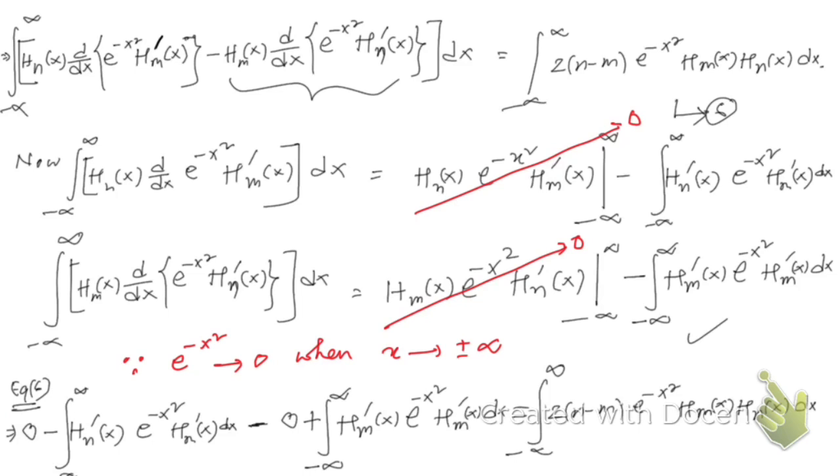Now here you see these two terms are exactly the same. Actually, I made a mistake. This is supposed to be hn, not hm. This is hn dash. Okay, now here you see, this is hn of x e to the power minus x square, then hm dash of x. Similarly here, hm dash of x, hn dash of x e to the power minus x square, the same term but in a different order.